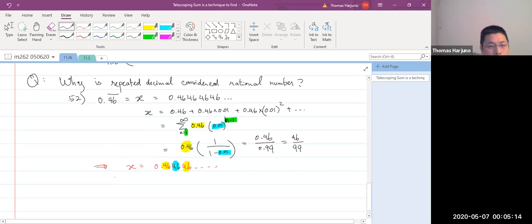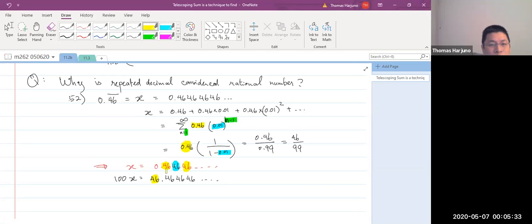If I multiply by 100, then the yellow 46 becomes 46 here. The blue 46 becomes here. The yellow 46 becomes here, and so on. My yellow one becomes here, my blue one becomes here, and my yellow one becomes here, and so on and so forth, right? Now imagine if I subtract.